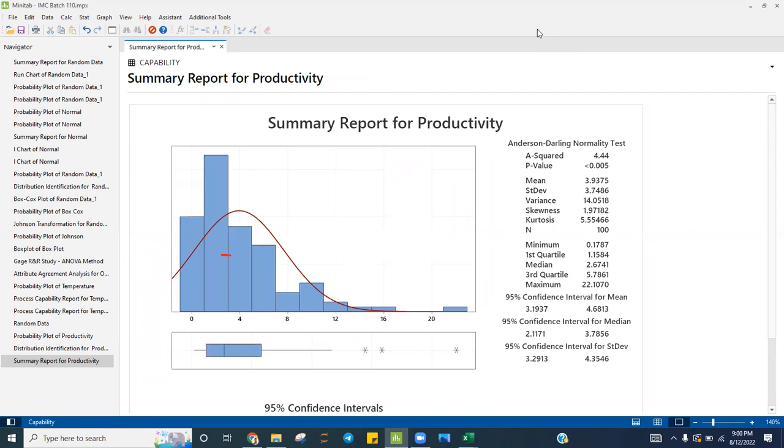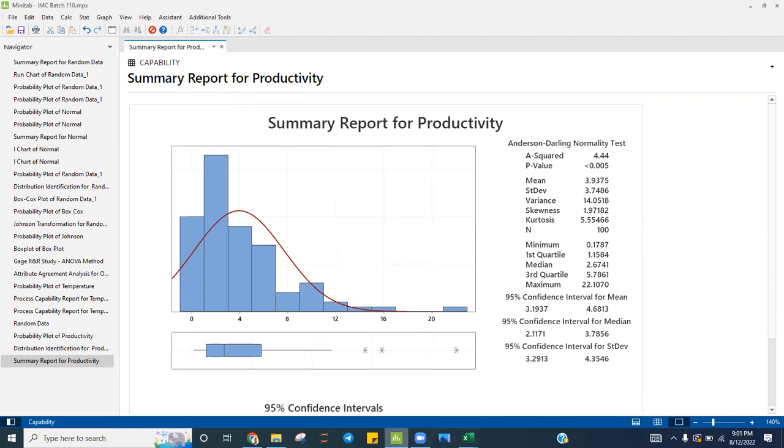You want to set a specification. Suppose you are looking for 5, and the value may range from 0 to 10, or maybe 5 plus or minus 4, which means 1 to 9. So what is the capability for this data?